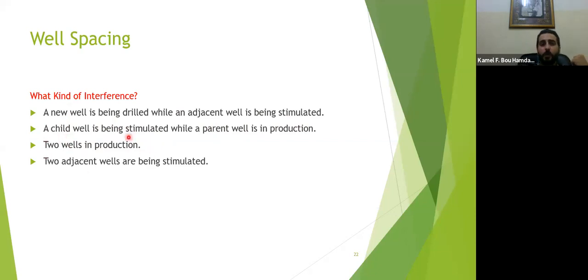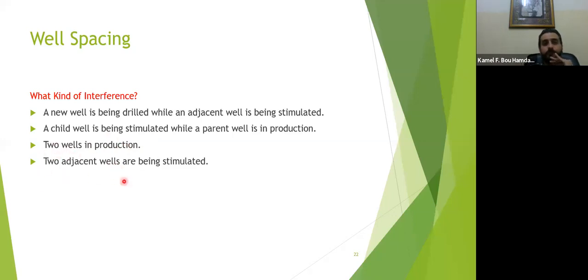Another case is when you have 2 wells in production. Assuming they are connected with each other, the amount of produced hydrocarbons is going to be lower, or could be affected. So we have something like pressure depletion, which might deplete even further than what's expected.